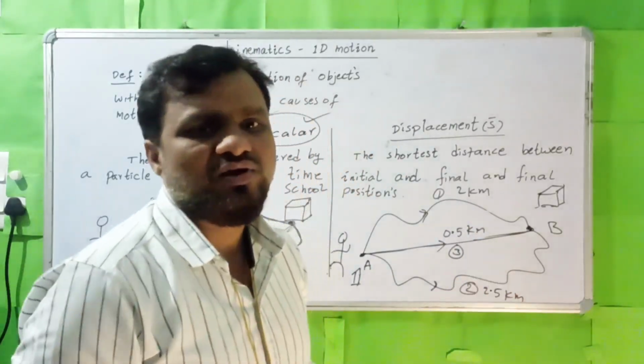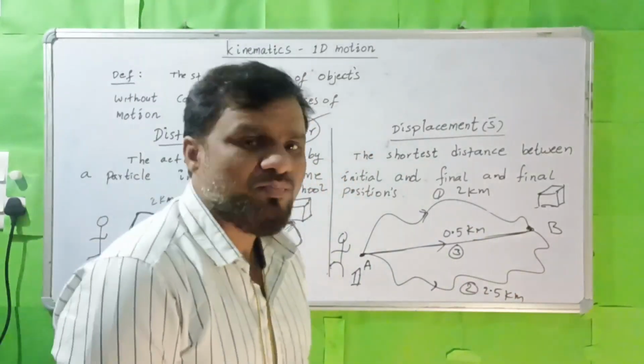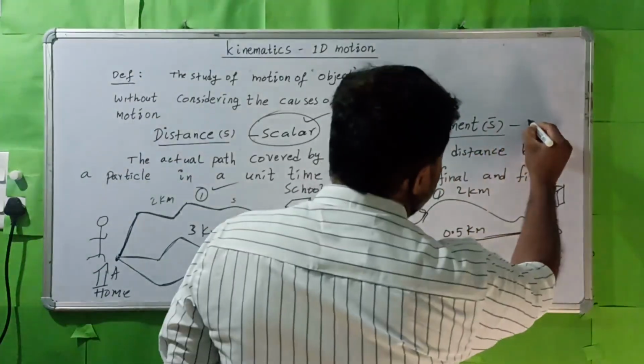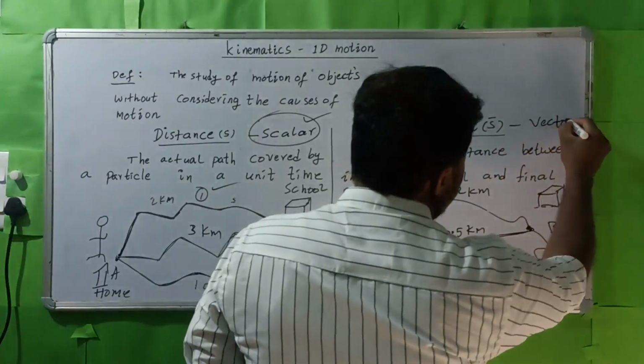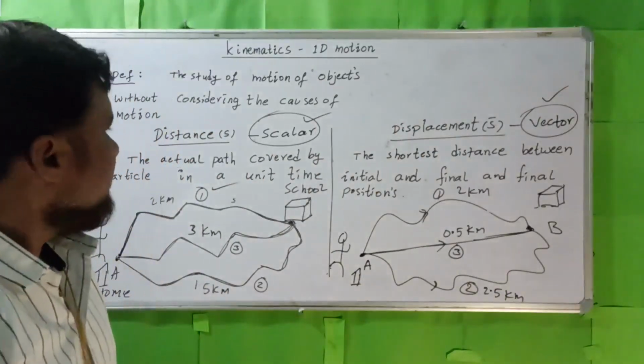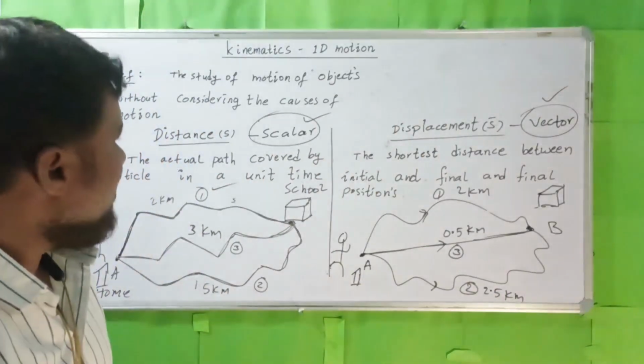A vector is a physical quantity. It should have both magnitude and direction. So displacement is nothing but a vector. Displacement is a vector quantity. I hope all of you understand.